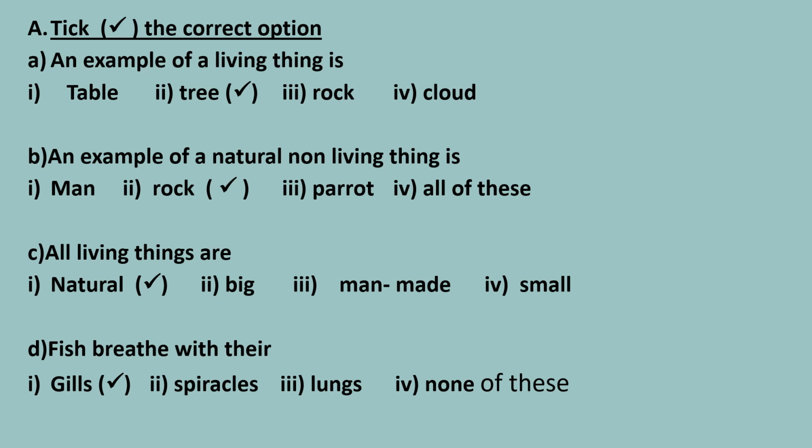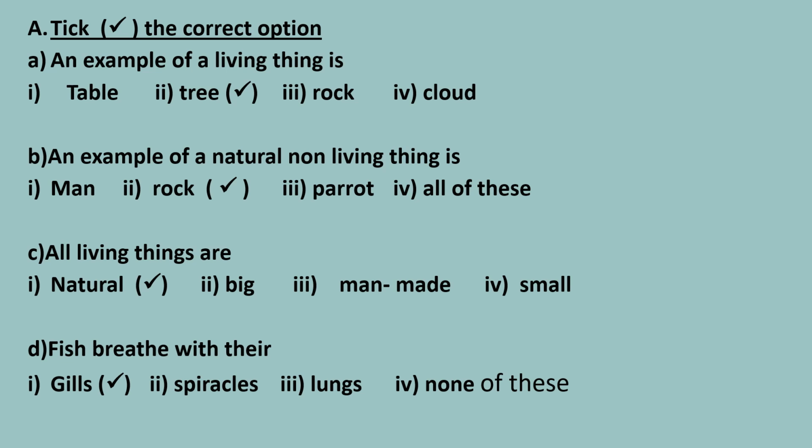D. Fish breathe with their gills, spiracles, lungs, none of these. Children, fish breathe with their gills. Insects breathe through the air holes which are called spiracles, which is the second option.